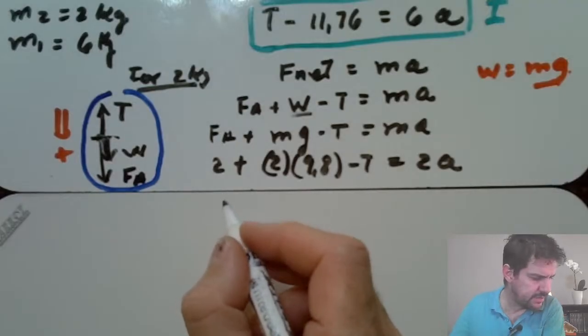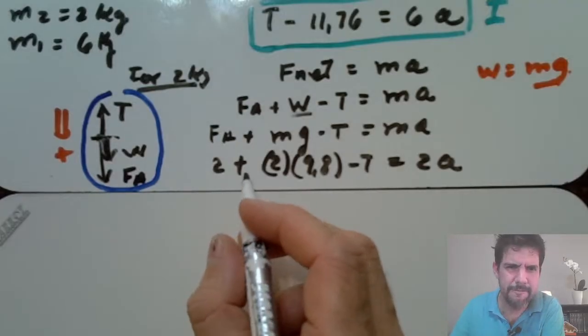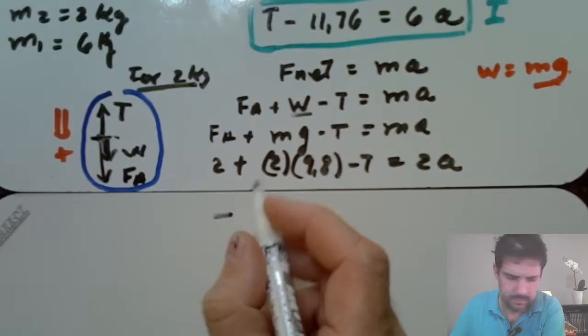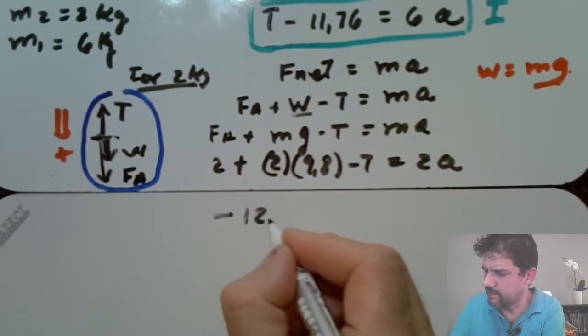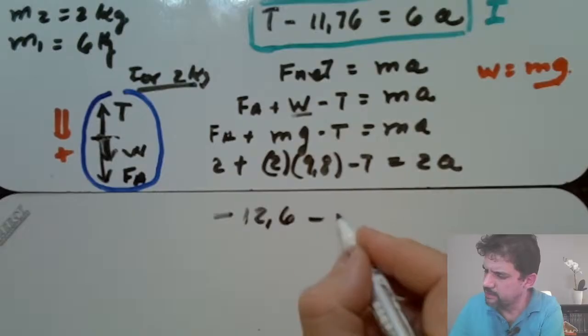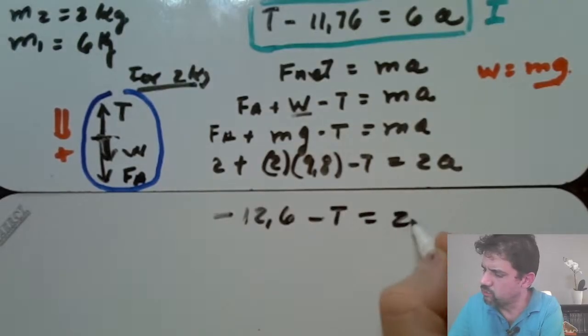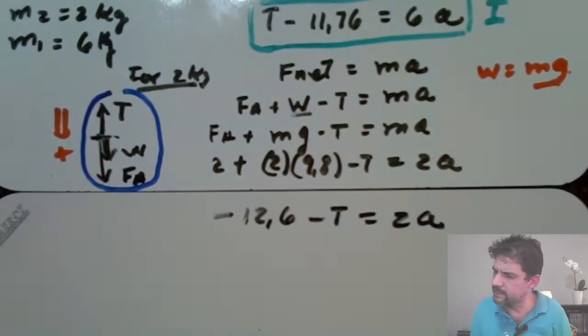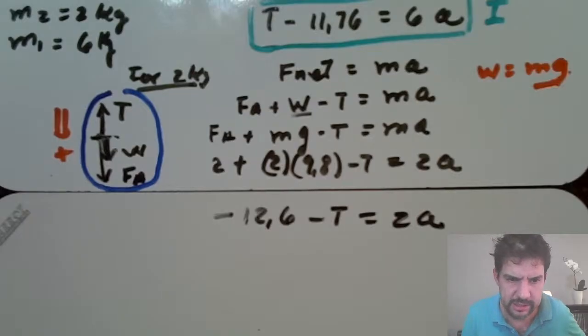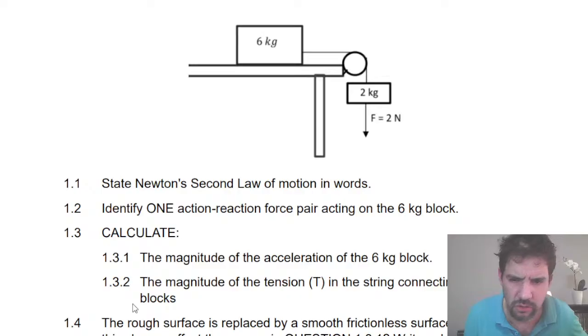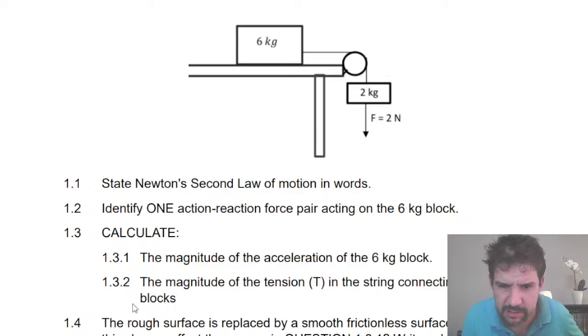So it's negative. It shouldn't be a negative here. Negative 17.6 minus T is equal to 2a. We should not get a negative answer there. Let me make sure the substitutions are all correct. Maybe I made a mistake with the drawing.